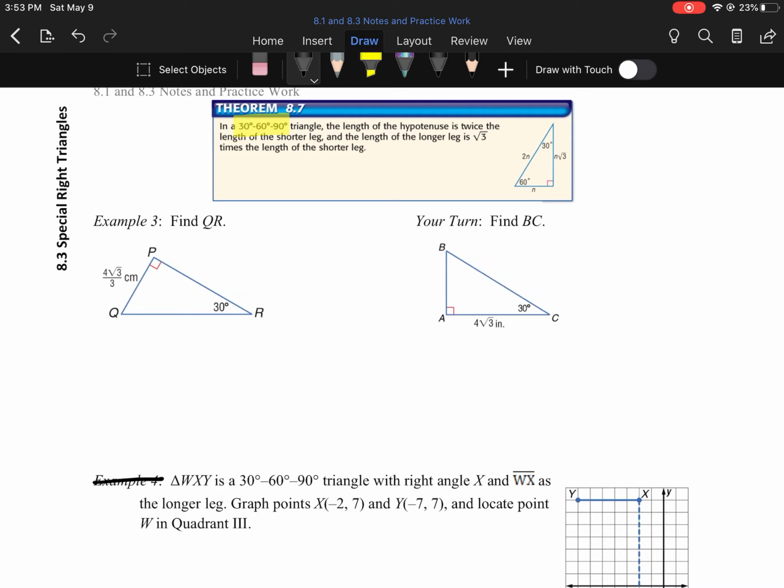So they talked about the hypotenuse, a short leg and a long leg.